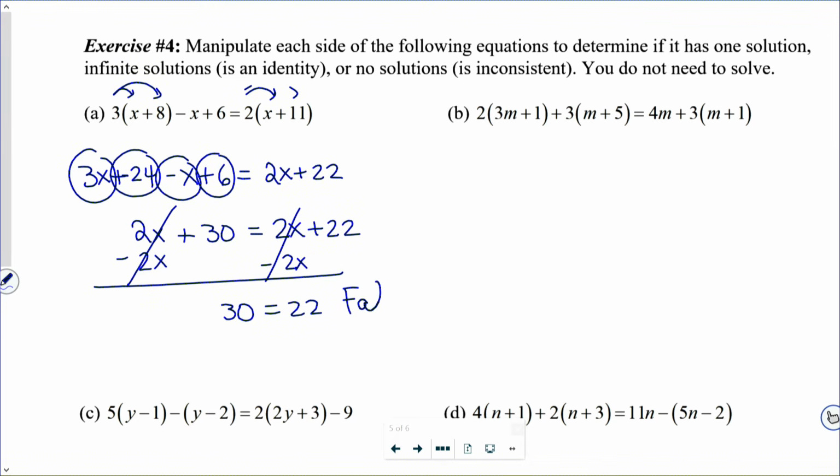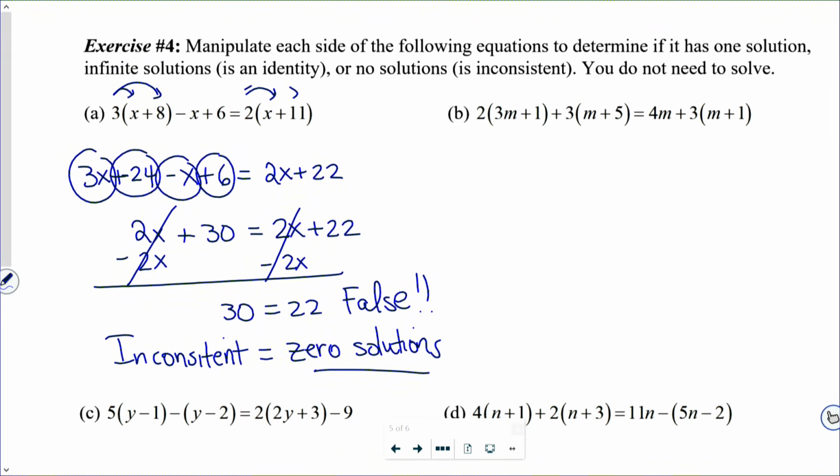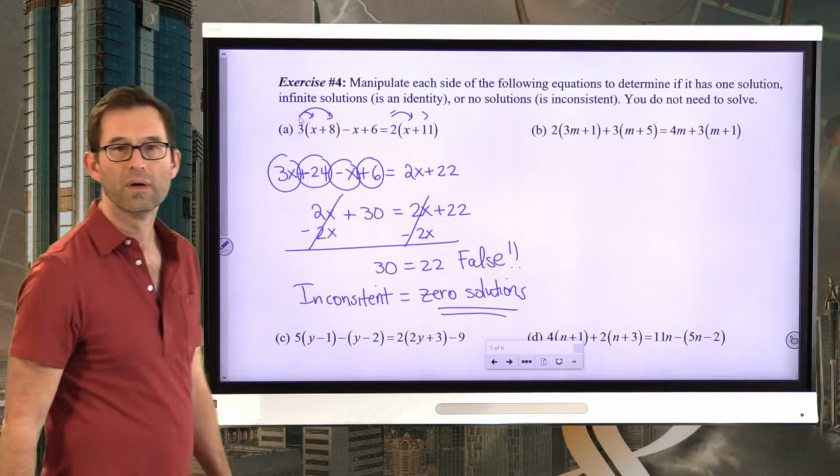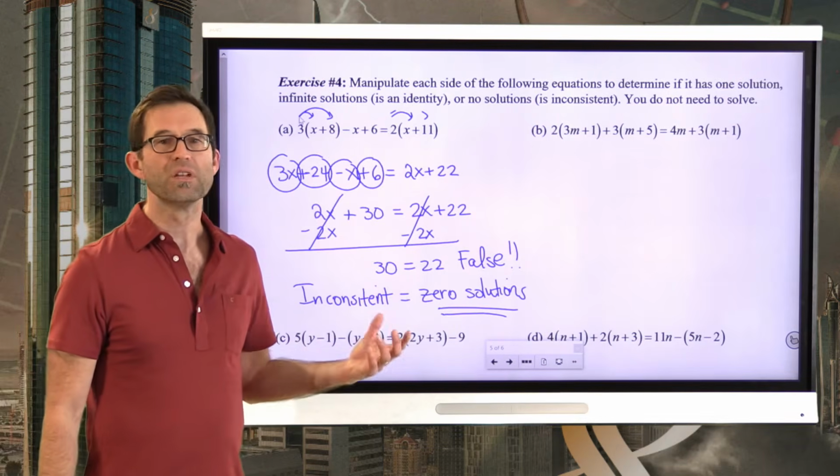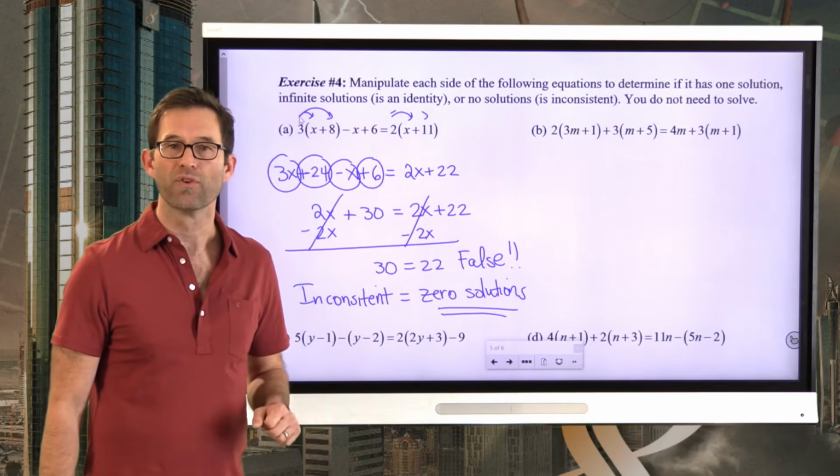And that is false. Always false. And therefore, this is an inconsistent equation with 0 solutions. I know the question didn't ask for that, but I really want to hammer it home. There is nothing that's going to make 30 equal to 22.